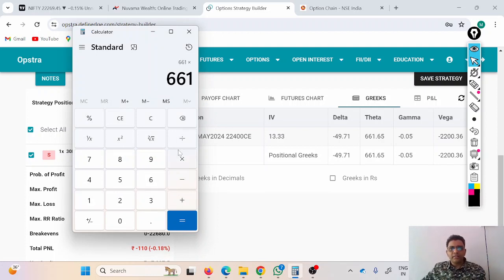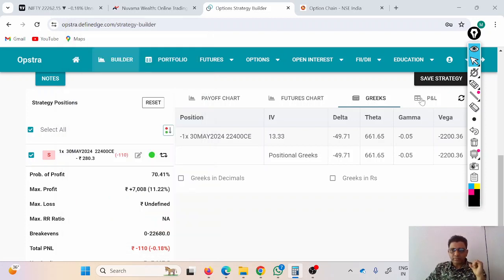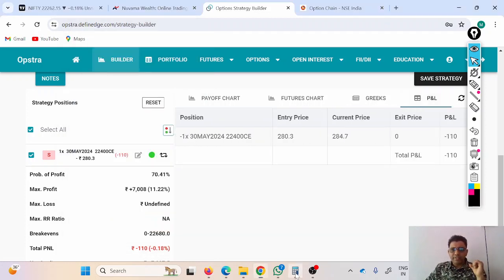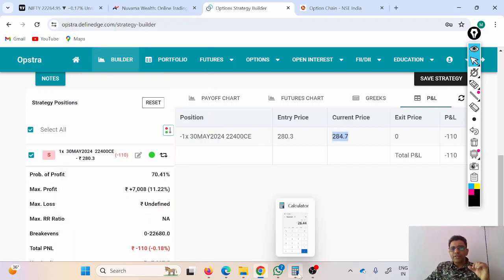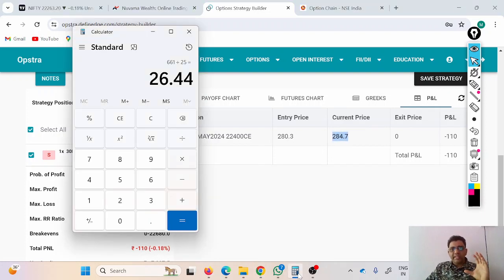How many shares are there in one lot of Nifty? That is 25. So 26 rupees. Here if you see, for every one day, this current price is 284, and if Nifty does not move at all, then this 284 will be reduced by 26 rupees in one day.